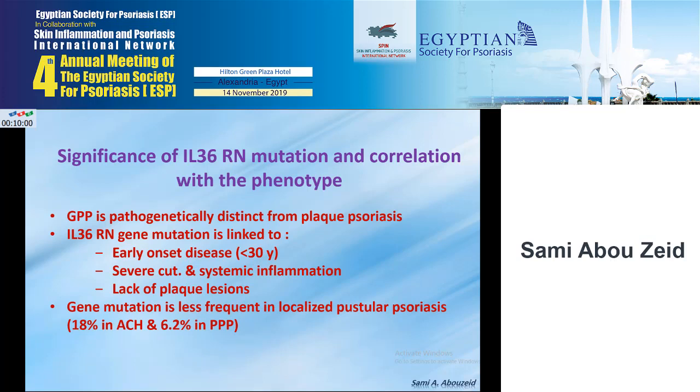Gene mutation is less frequent in localized pustular psoriasis: 18% in acrodermatitis continua of Hallopeau and 6.2% in palmoplantar pustulosis. But I also would like to remind you that some normal subjects have this gene mutation, so environmental factors are important for clinical disease expression.